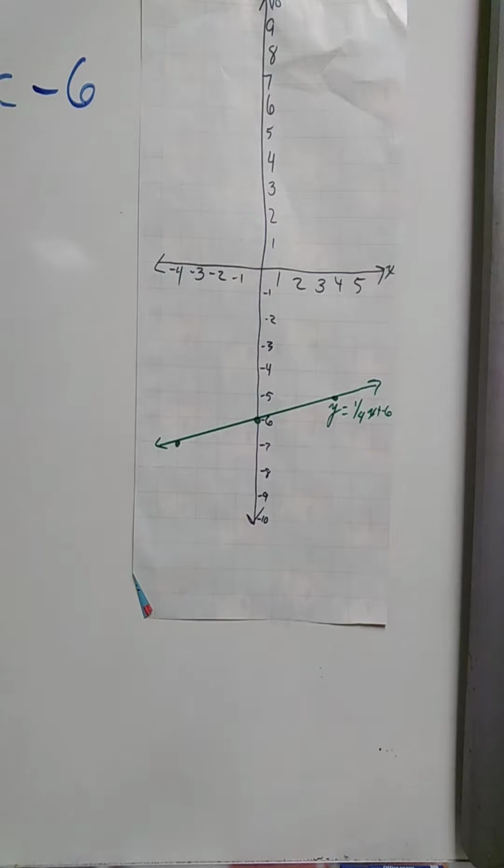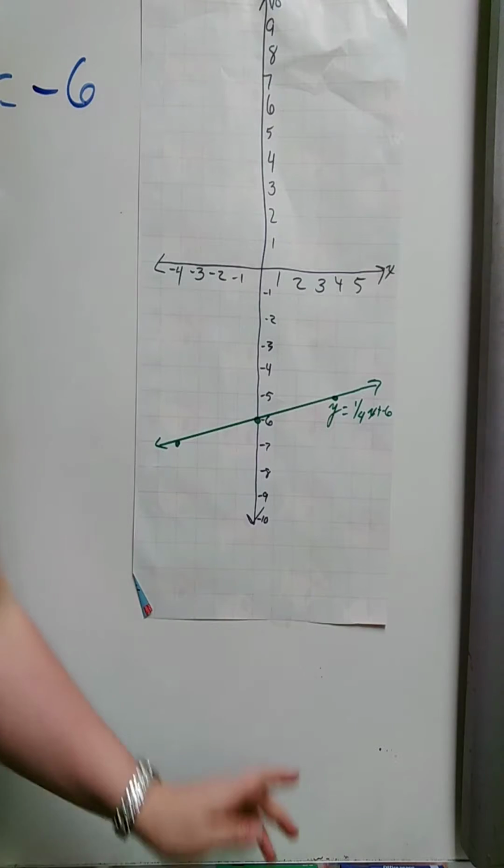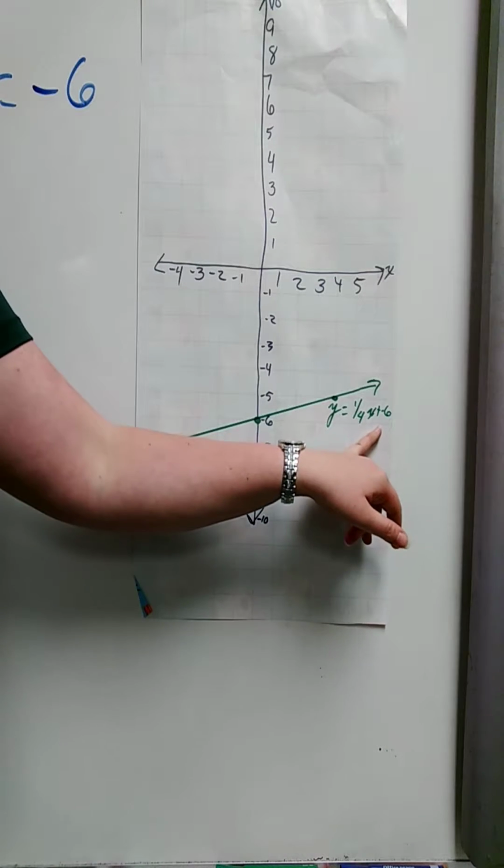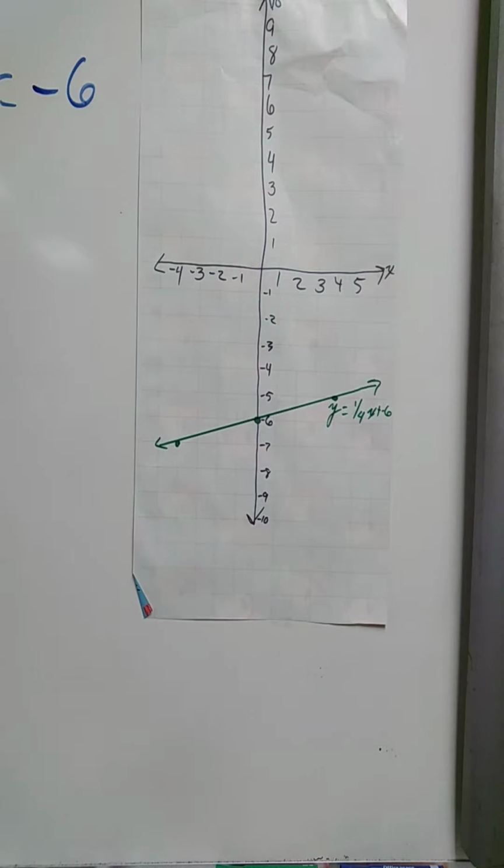Okay. So we have now graphed the equation y equals 1/4 x plus -6, or minus 6. Did that y-intercept help us out? Yeah. Because that automatically gave us a point, right?